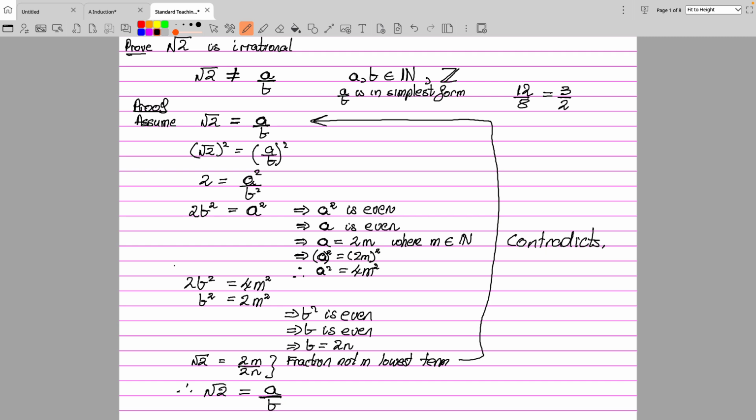It cannot equal it. It has to be the opposite of what I assumed. Therefore, proof follows by contradiction.